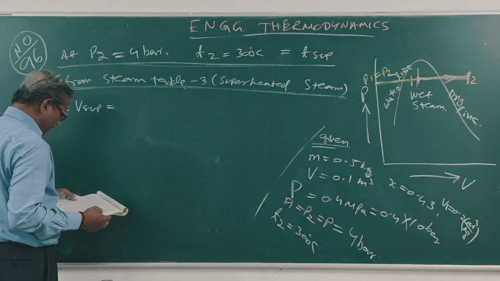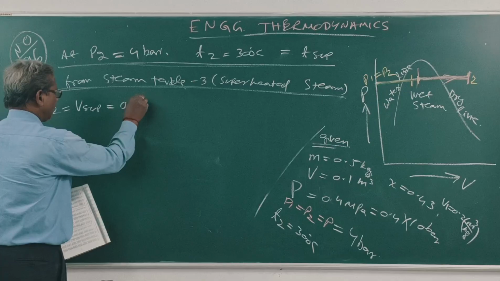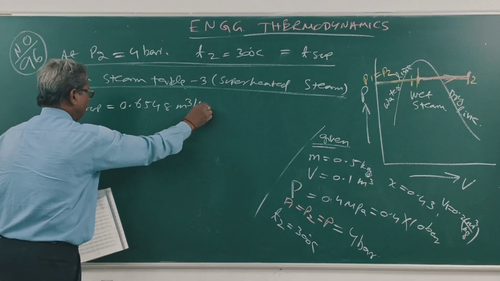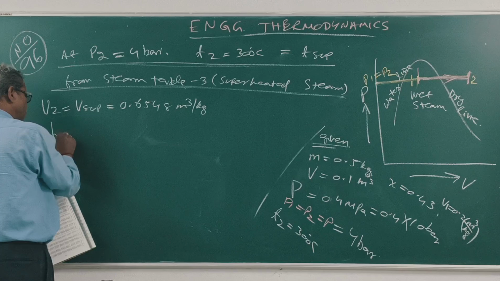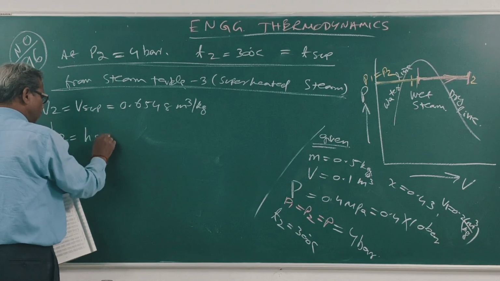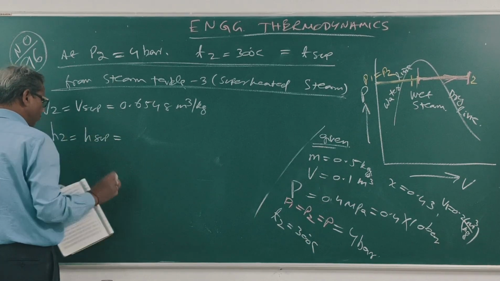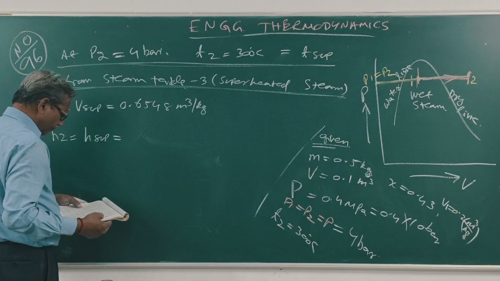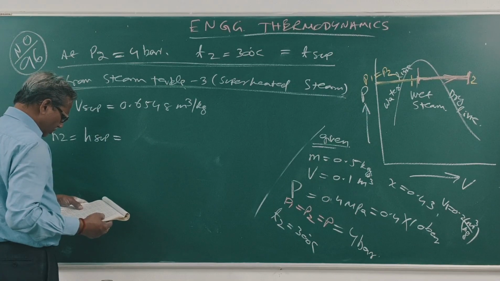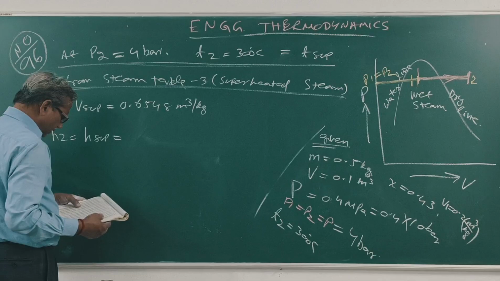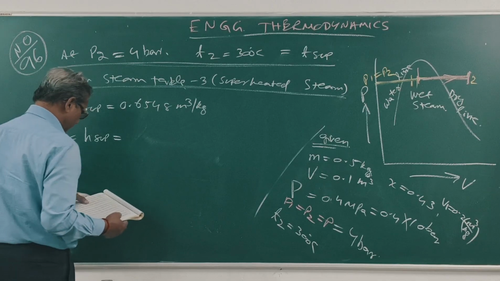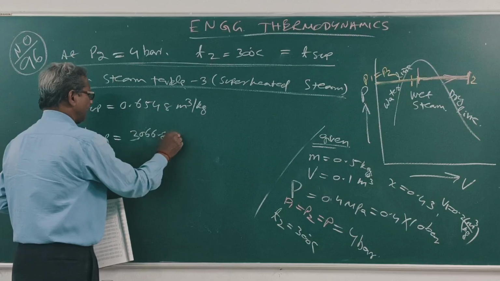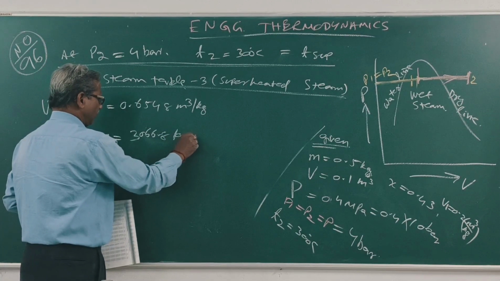V superheated is 0.6548 meter cube per kg. H2 means H superheated: 3066.8 kJ per kg.